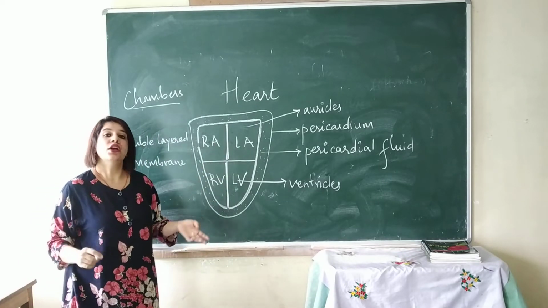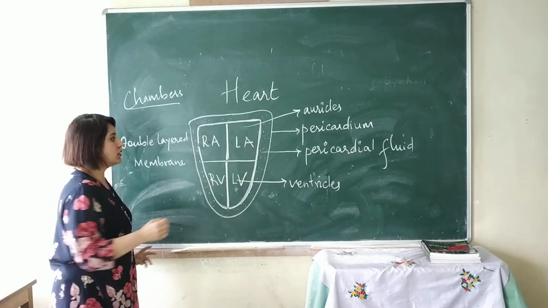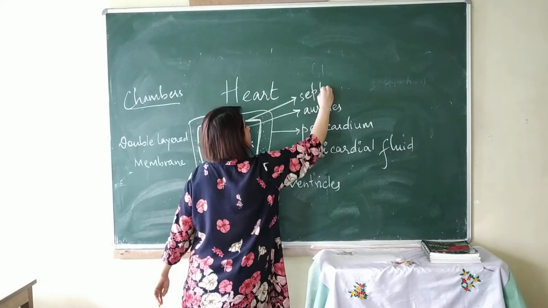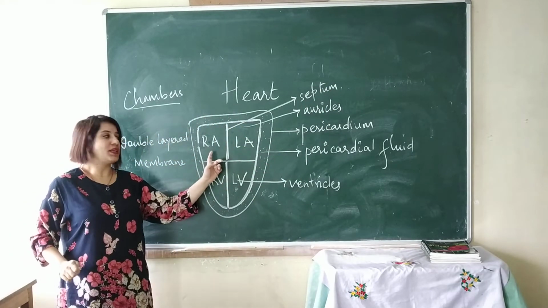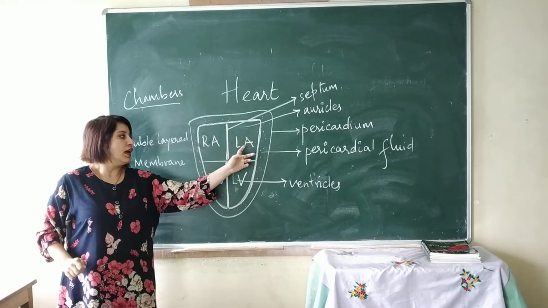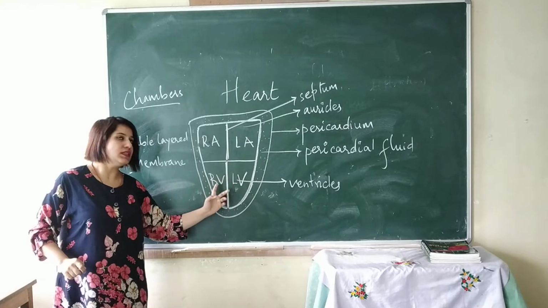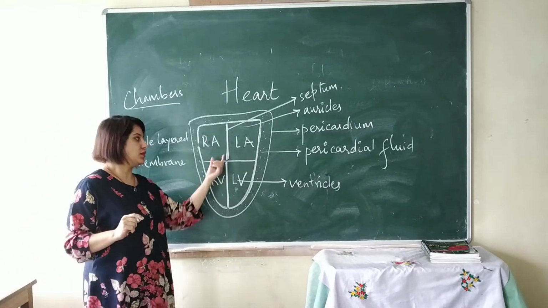This membrane, which separates the two auricles and the two ventricles, is called the septum. Now, there's a special name given to the two septums.